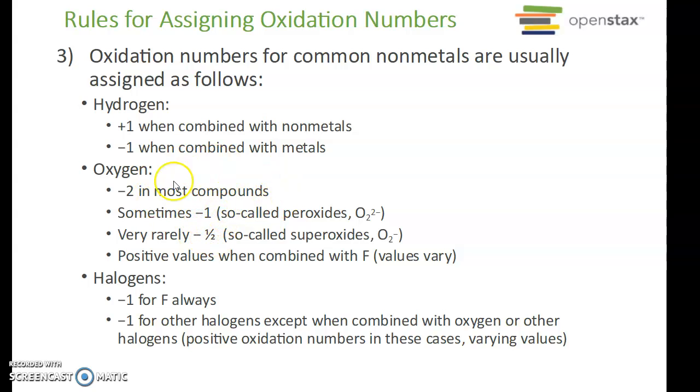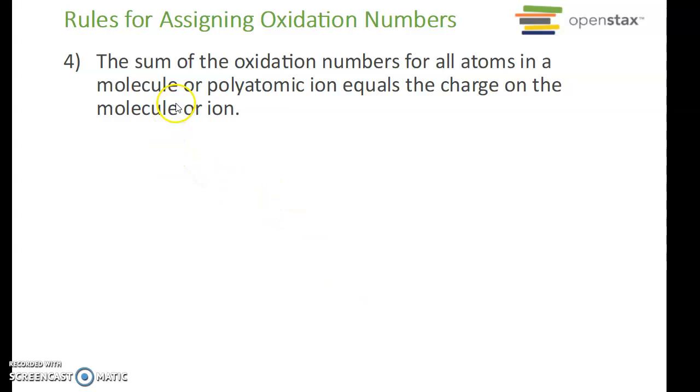Usually for the ones I will be giving you, think of it always as -2. And halogens are -1 for F always, and usually it's -1 except when combined with oxygen or other halogens. It may have something else in those cases. And number 4, the sum of the oxidation numbers for all atoms in a molecule or polyatomic ion equals the charge on the molecule or ion. And we'll stop there because that ends the oxidation assignments.